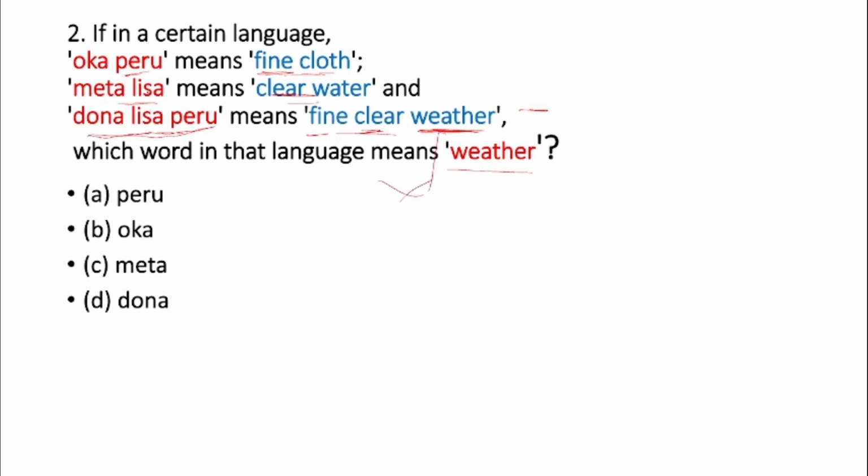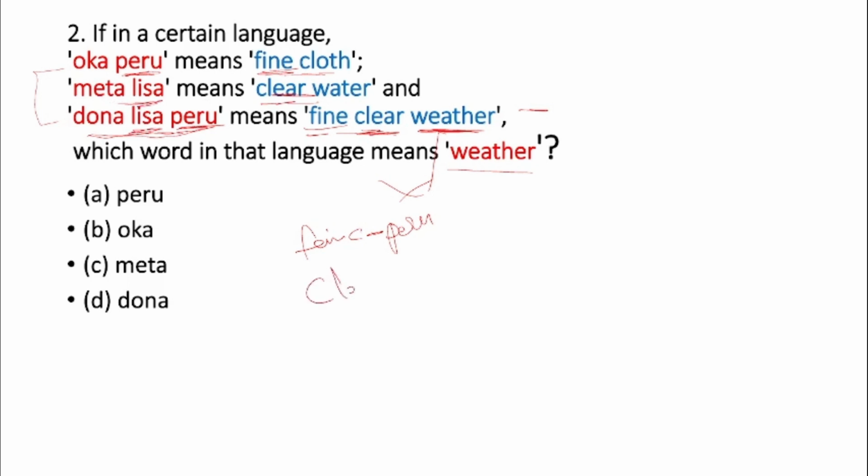The common word in the first statement and third statement is Peru. That means fine is written as Peru. The common word in the second statement and third statement, in the coded words, is Lisa.